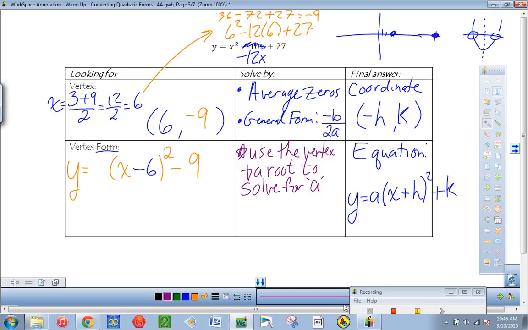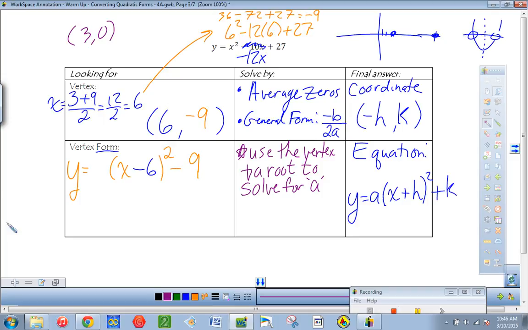Use the vertex and a root to solve for A. So we have the vertex in there, right? Give me one of our roots. 3. So one of our roots was 3, 0. How would that help me find A? From the factored form. You said it equals 0.